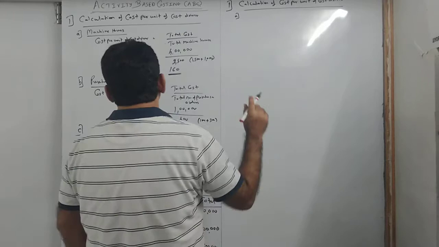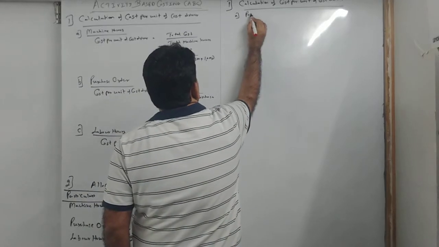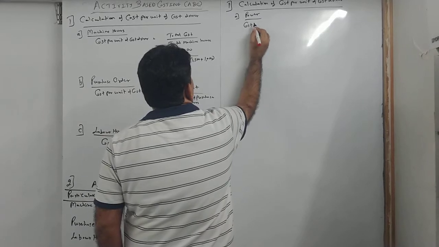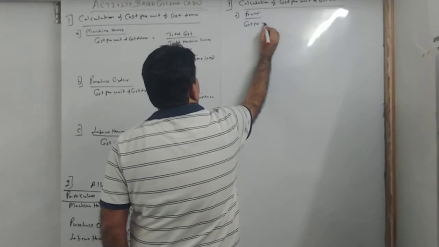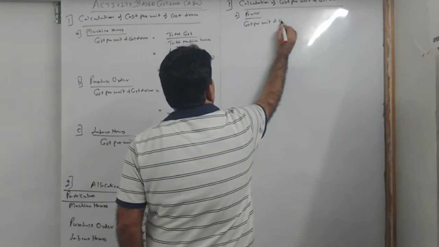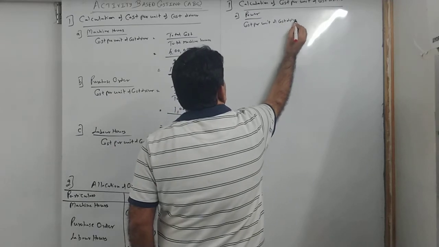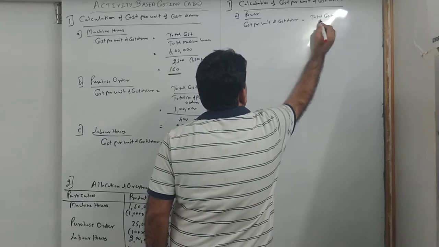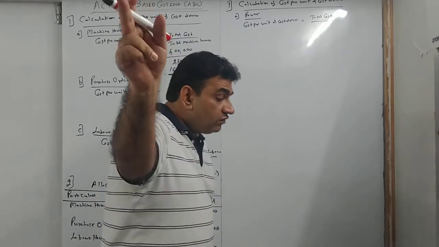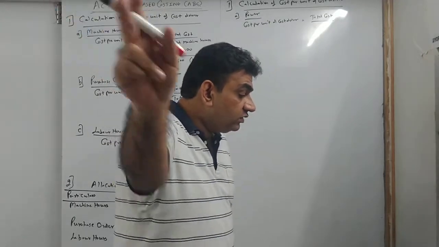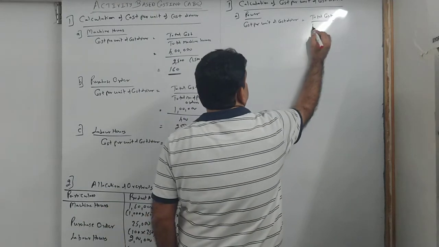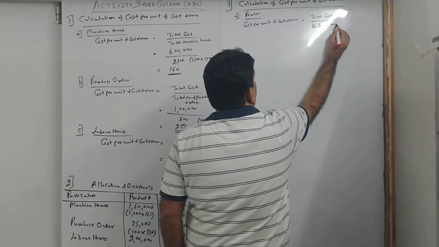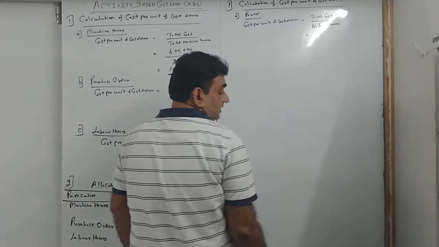Kilowatt hour. So you can write the A power. This is my activity. Now cost per unit of cost driver, here it will be total cost upon. Now what is the cost driver for power? देखो, they have given you kilowatt hours. So kilowatt hours is my cost driver.